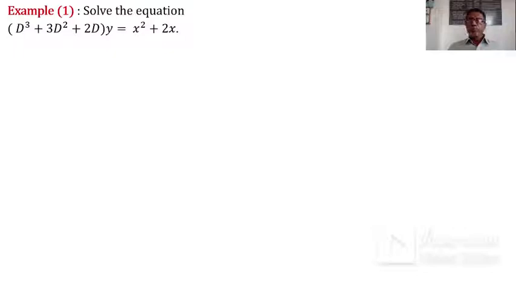To find the complementary function, we consider the associated homogeneous differential equation of this non-homogeneous differential equation, and we find its general solution, and the general solution of this associated homogeneous differential equation is the complementary function of this non-homogeneous differential equation.